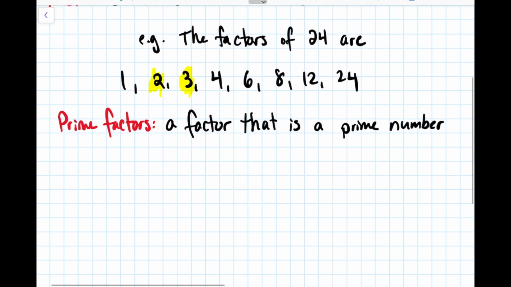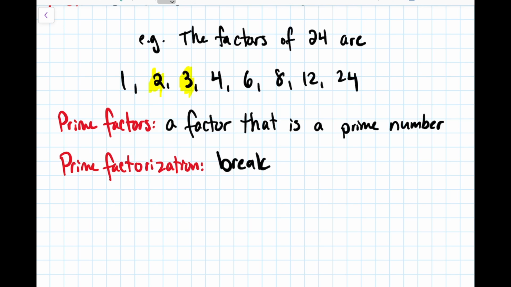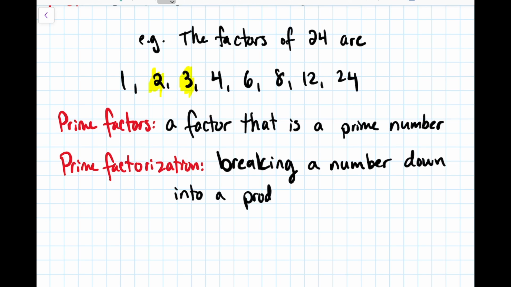And so bringing all of this together, prime factorization, the topic of this quick little review, is taking a number, like 24 or really any number, and breaking it down, but specifically breaking it down into a bunch of prime factors. And it's a bunch of prime factors that are multiplied together, so we're going to say it's into a product of prime factors.